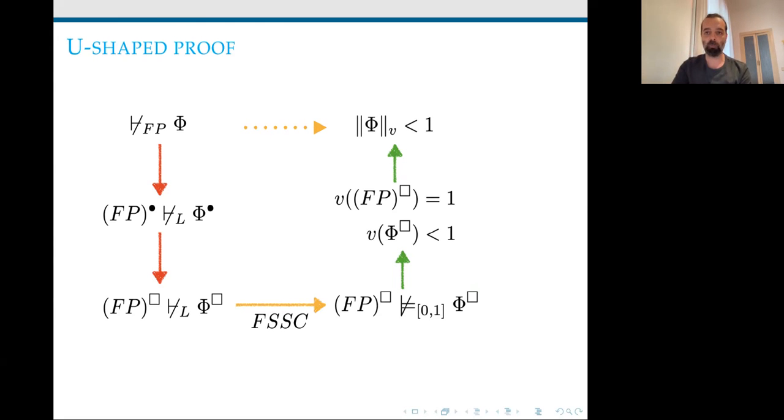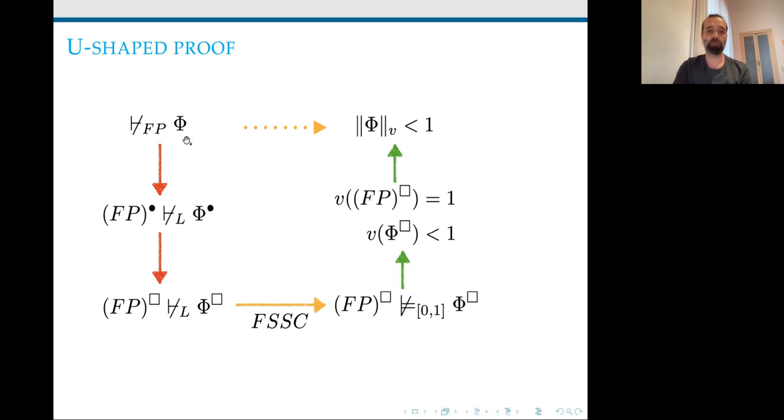So since we start with a finite language, there are only finitely many classical formulas up to logical equivalence. So this further translation actually converts the FP bullet into another theory, FP box, that is finite, okay?